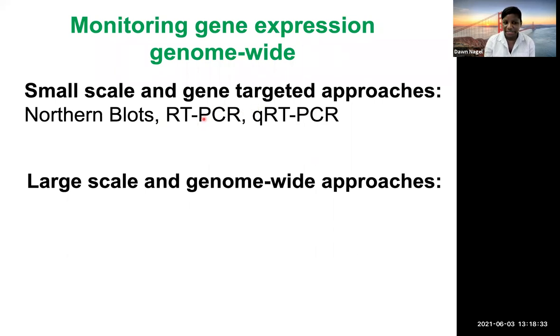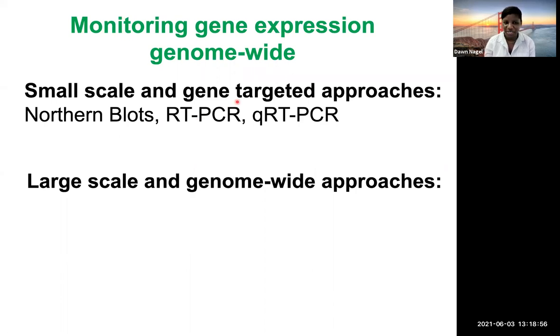RT-PCR is the same idea, except it's more of a qualitative assay, right? So you run a gel, it's present or it's not present, or it looks like it's present more than something else, but it's really a visual type of assay. You can quantify the gel after you ran it for RT-PCR. It just requires using certain technologies, and it's usually not super reliable.